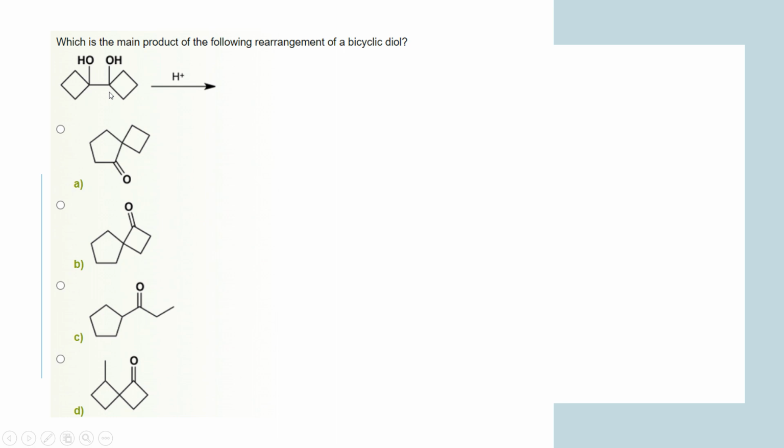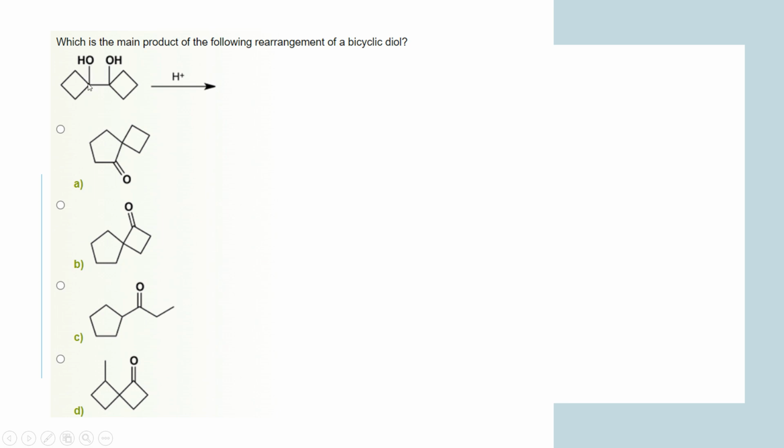Okay, and I hope you remember the next step of pinacol pinacolone. What happens in the next step? In the next step, one of the alkyl groups from the alpha carbon will shift. Okay, these two are alkyl groups, so any of the alkyl groups will shift here, and also electron push from this oxygen will happen, and you will get a keto functionality here.